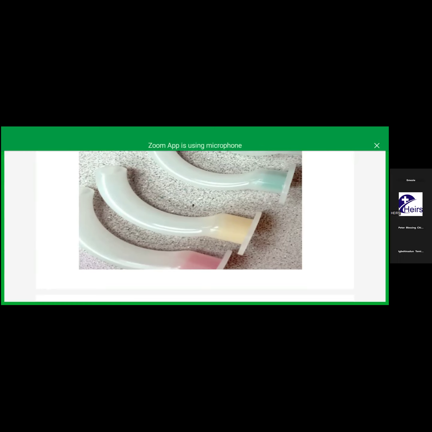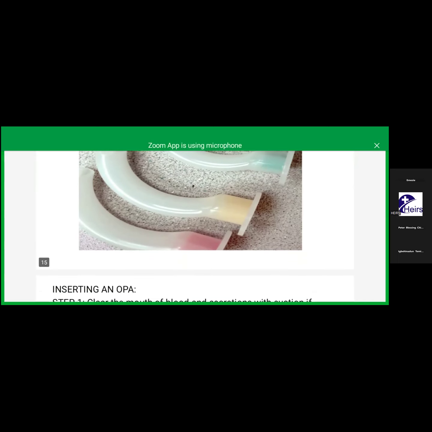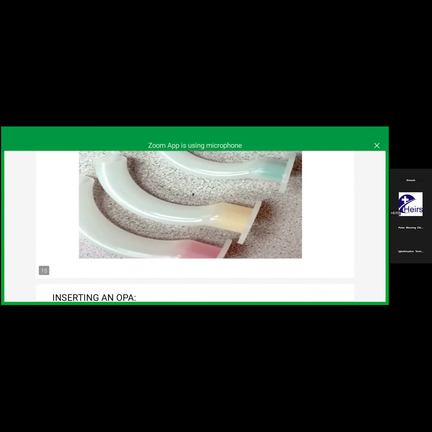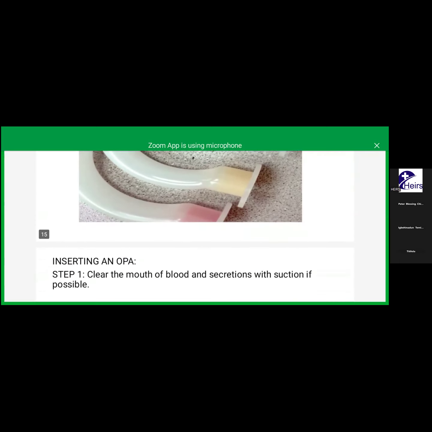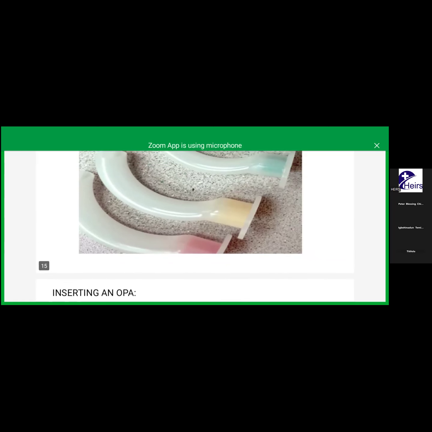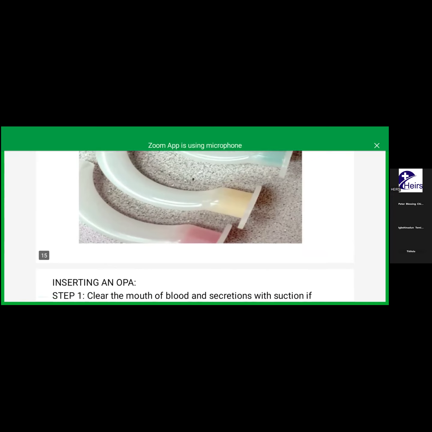It has the shape of the mouth. As we can see, the mouth is not round, but the nose is round. So the nasopharyngeal airway is smooth and round, but this one has the shape of the mouth.